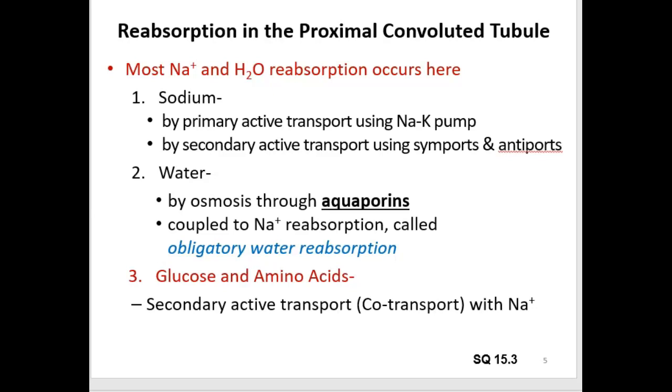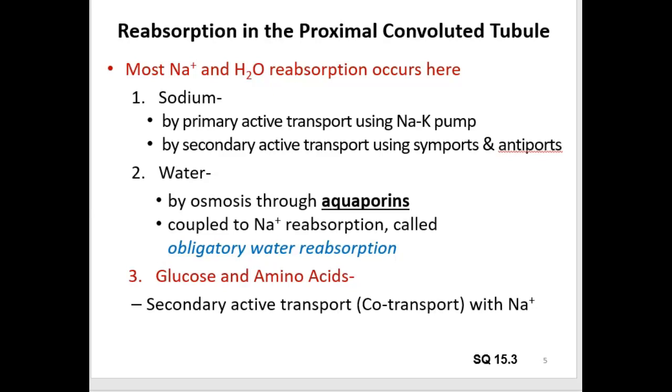I'm going to show you pictures of those in a moment. Water usually follows sodium by osmosis. So where sodium goes, water follows, and water can move through pores in the cells called aquaporins. Because sodium is actively reabsorbed and water must follow, we call this water reabsorption obligatory. Water is obliged to follow sodium.